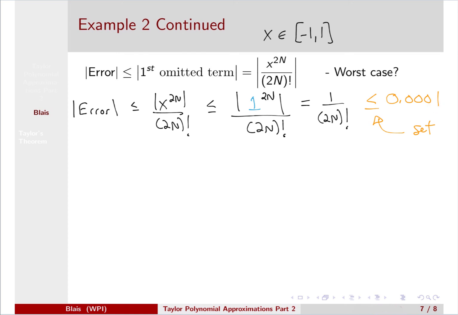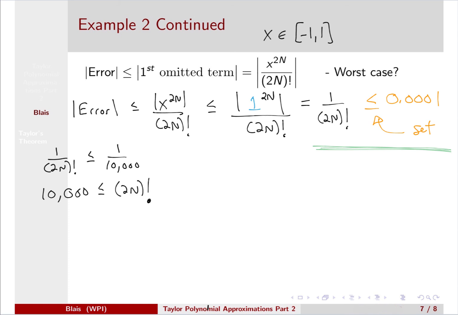So we now look at this inequality here on its own. We have 1 over 2n factorial less than or equal to 1 over 10,000. Let's cross multiply, and we have 10,000 less than or equal to 2n factorial.